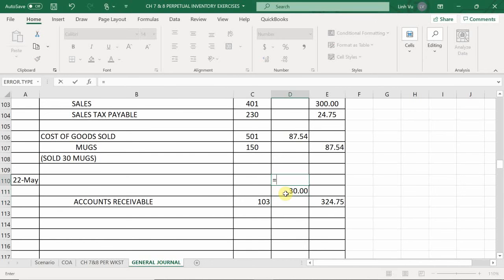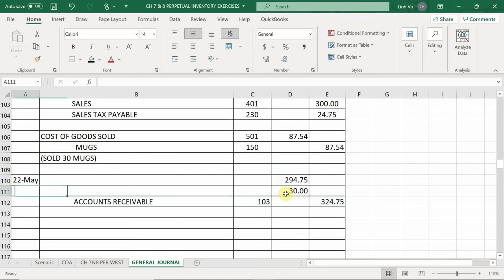So therefore, how much cash am I actually going to be receiving from customer B? $294.75.